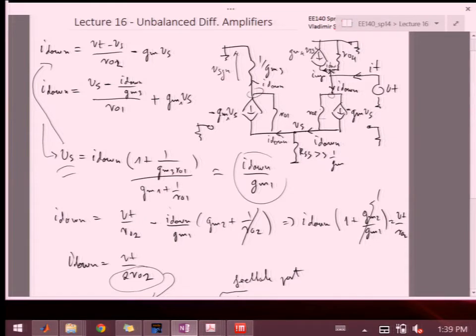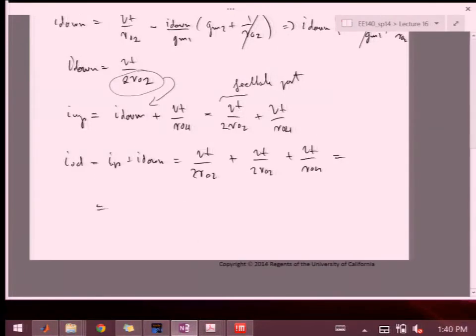That same thing gets mirrored all around. So looking up into this current source, we see another 2RO2. And then we see RO4. Right? So we're really seeing here Vt over 2RO2 in parallel with another 2RO2 in parallel with RO4. And then, of course, that is just RO2 in parallel with RO4.